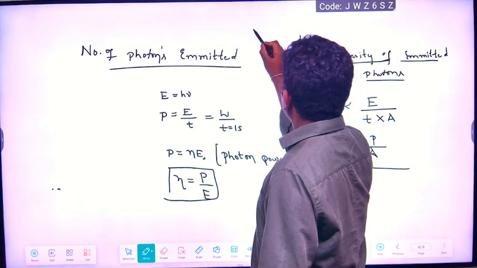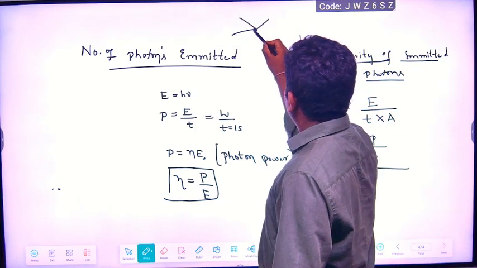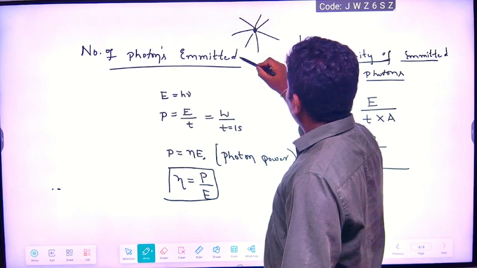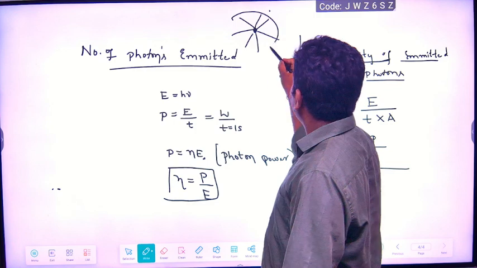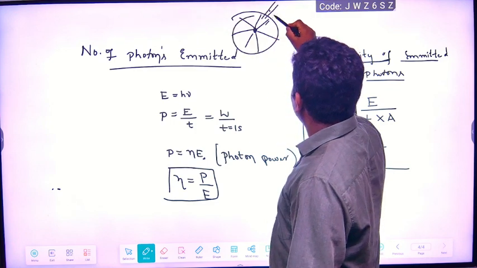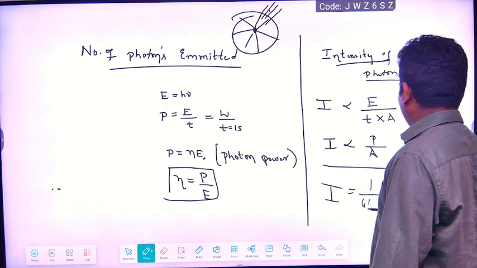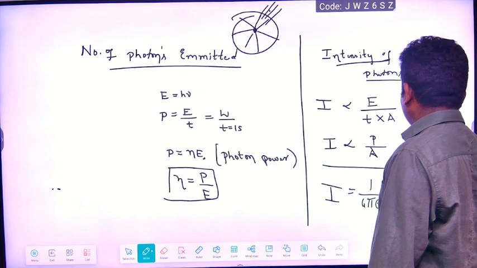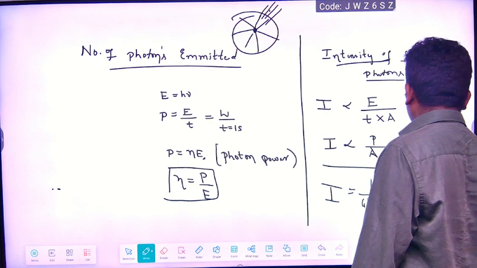This is the light source. Light rays will come. At one point, the total intensity of the light rays moving through this point is equal to 1 by 4 pi epsilon naught, P divided by R square into A.